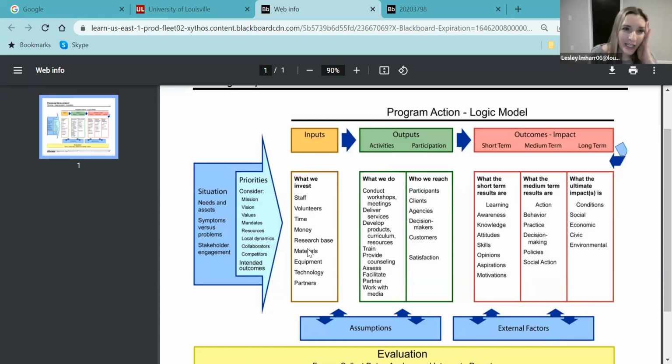So it's tricky because different templates label them differently. So this labels them as like what we invest. So if you were to show this to a potential grant funder, like the Humana Community Partners Foundation, you would be like, okay, here's what we're bringing to the table. And then here's like, with your money, this is what we're going to develop.